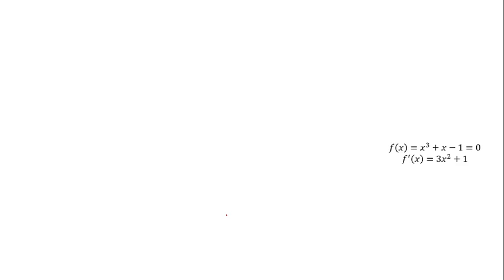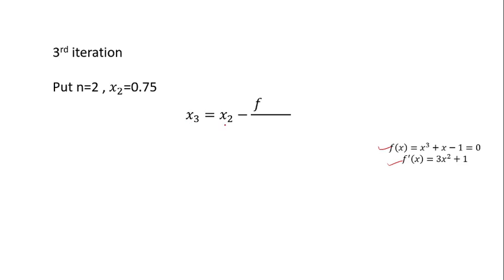Now what is the next step? In the third iteration, again this is for your reference because we need to find the values, we put n equal to 2 and x2 equal to 0.75 in the Newton-Raphson formula. So x3 = x2 − f(x2)/f'(x2).